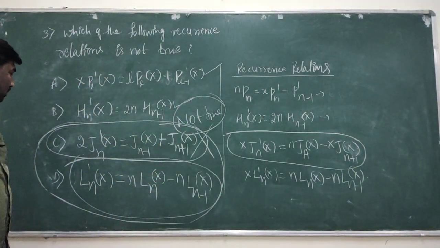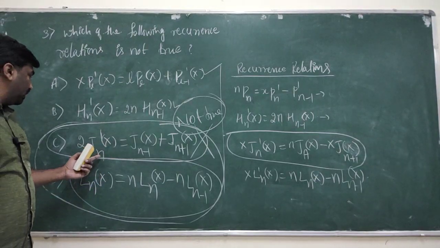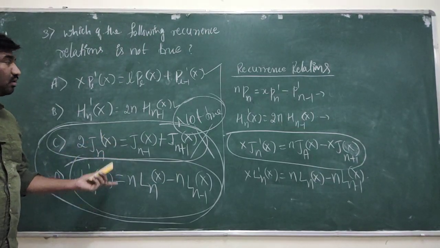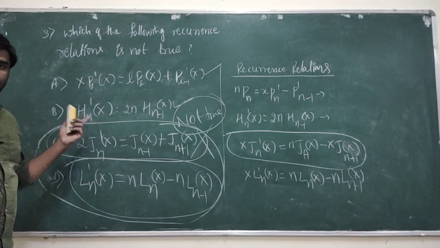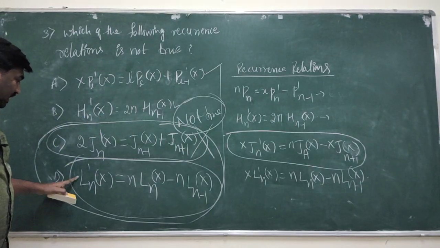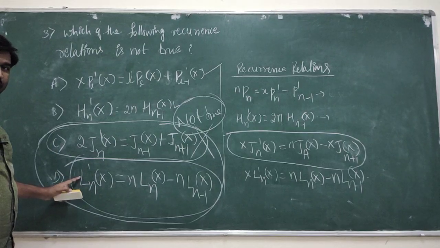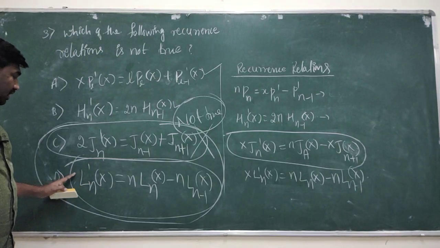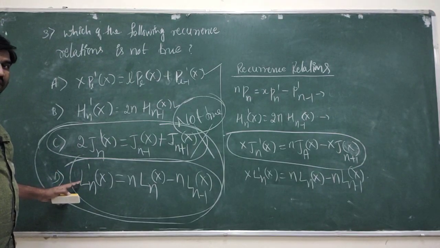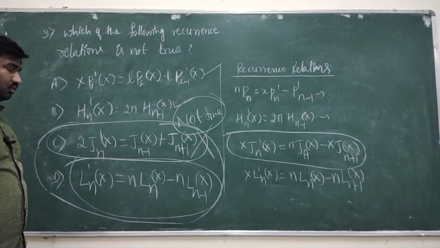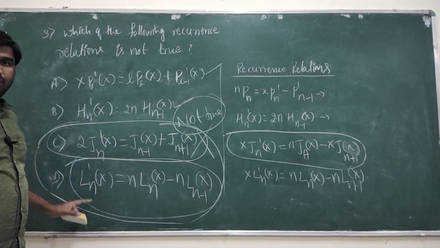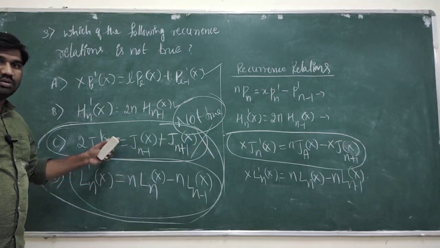In the options they have given only one, and you have to choose one. Definitely they gave grace marks for this question, because here x is missing. If it is x here, then this will be correct, but here there is no x, maybe some printing error or whatever it may be. So these two are not true.